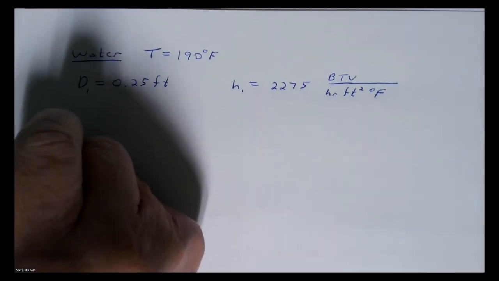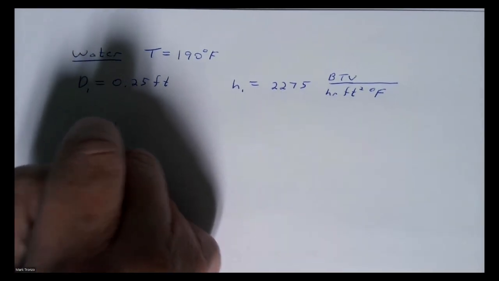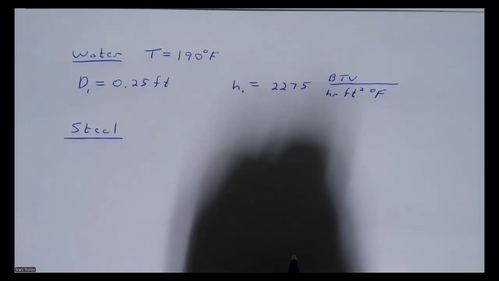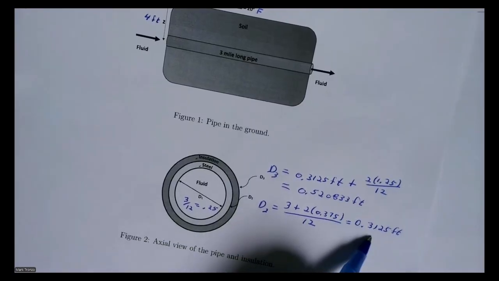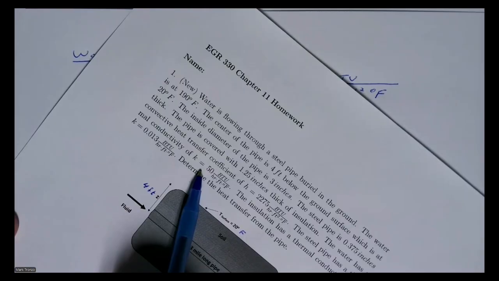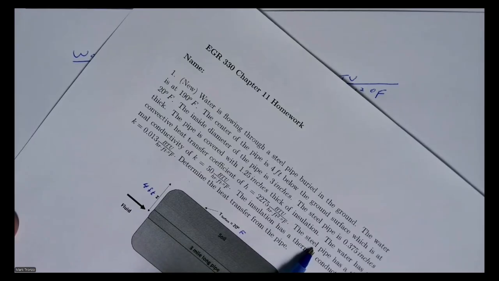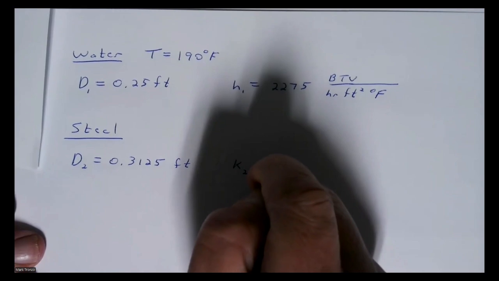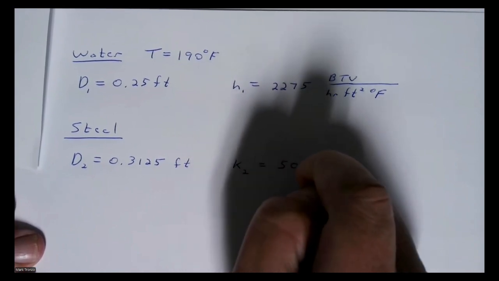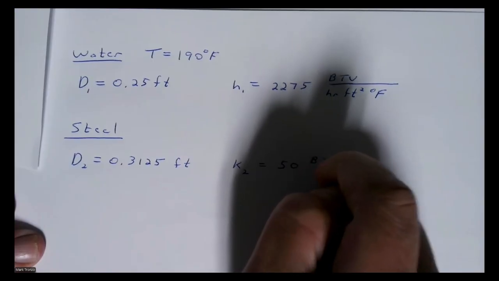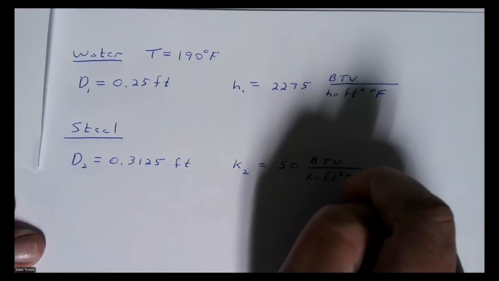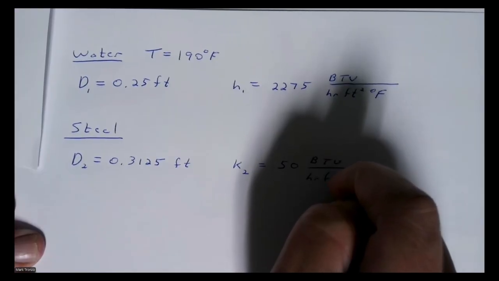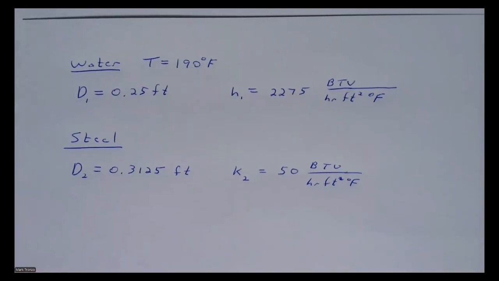And then for the steel, the outside diameter, that's D2, is 0.3125. The thermal conductivity of the steel pipe is 50, and of course for thermal conductivity, feet is not squared.